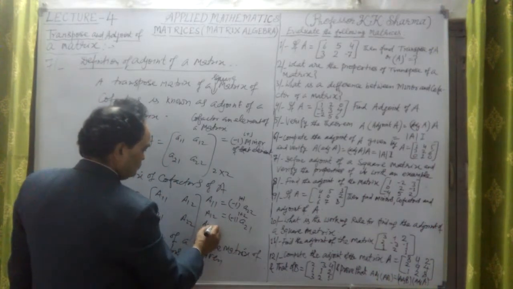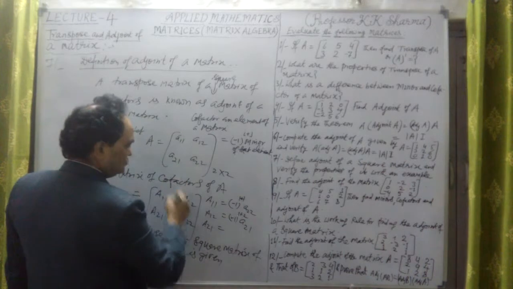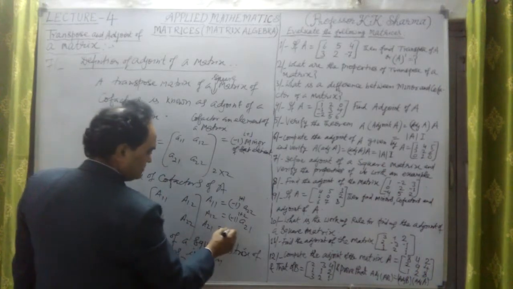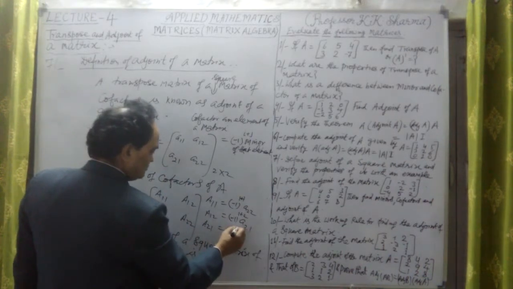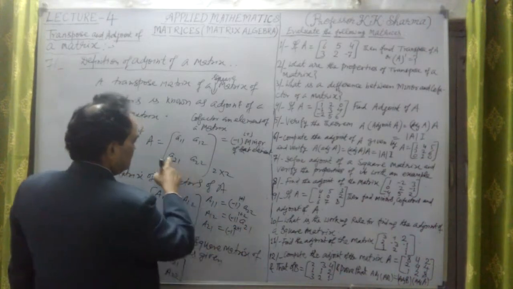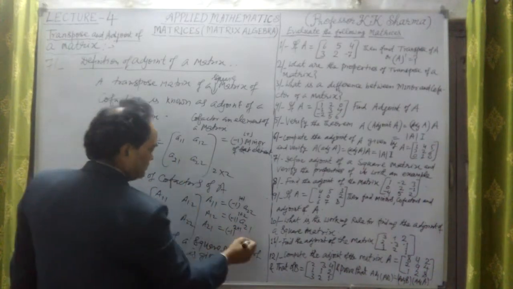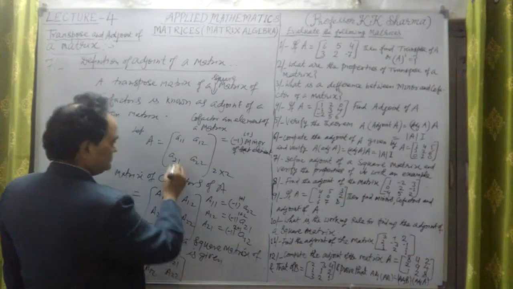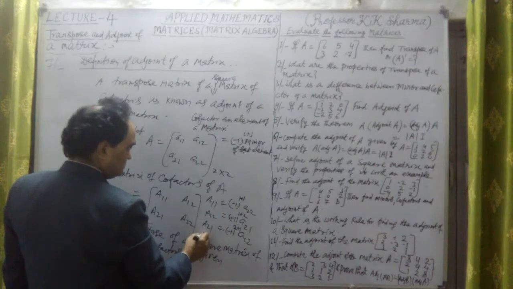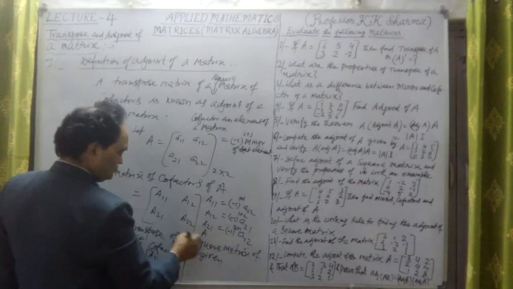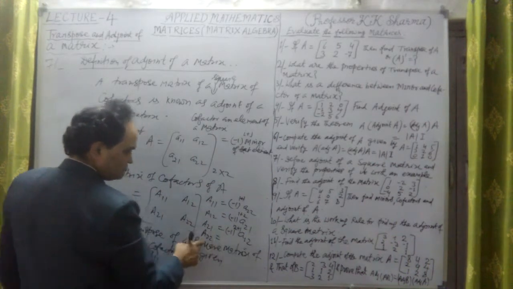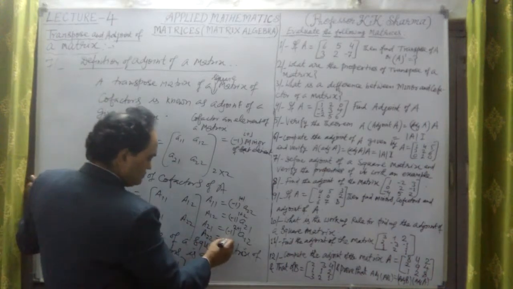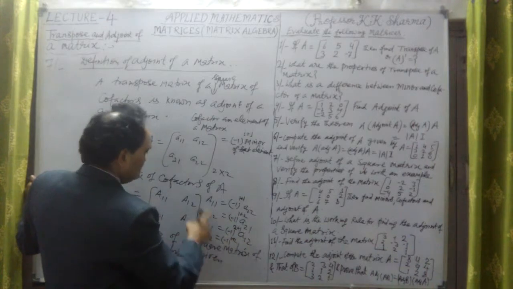Similarly, the cofactor of A21 is also negative: minus 1 raised to power 2 plus 1, into the left-over A12. Last, the cofactor of A22 is equal to minus 1 raised to power 2 plus 2 into A11.